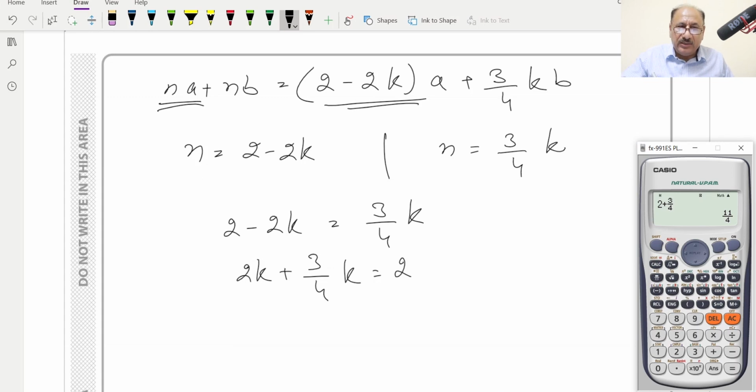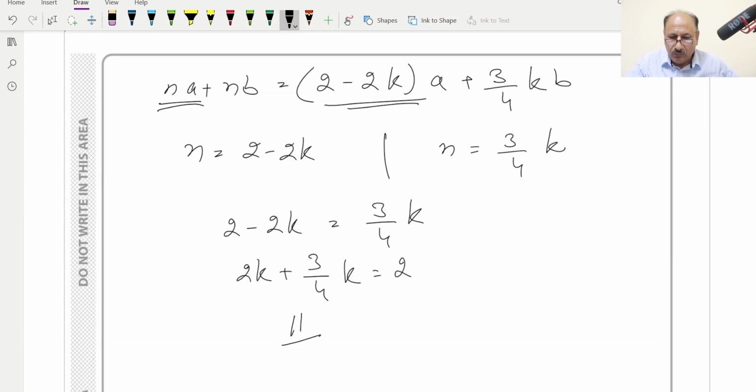So we can write here 2 plus 3 by 4 will be equal to 11 over 4. K is equal to 2.